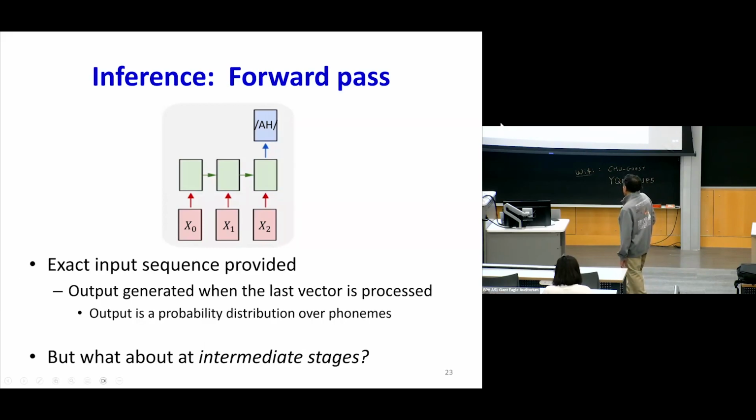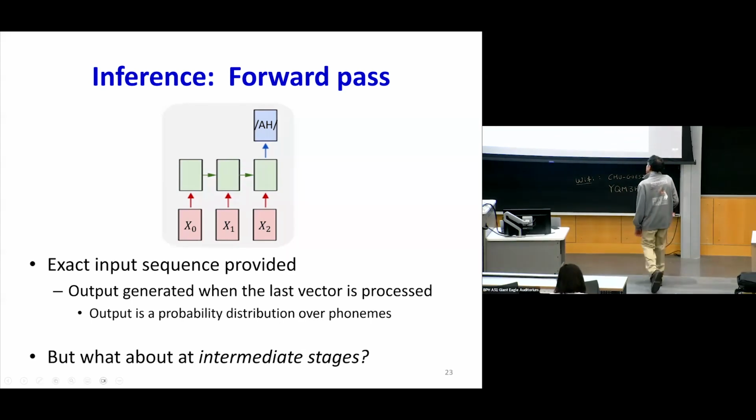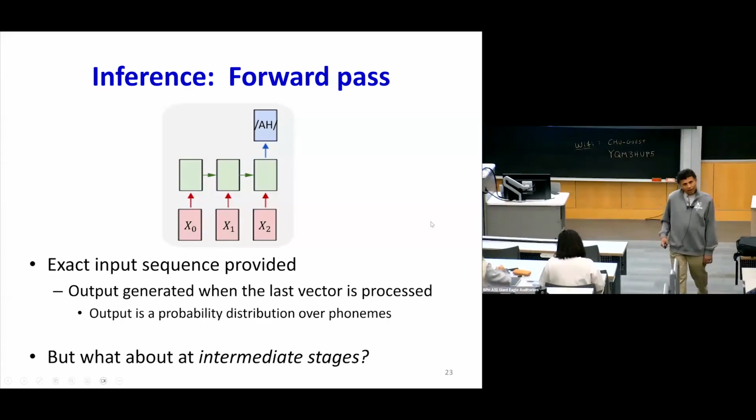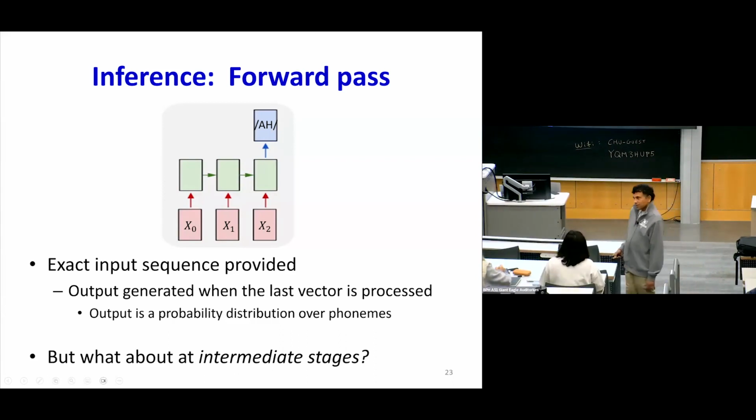So here, the thing is that the exact input sequence is provided and the output is generated when the last vector is processed. Now, the output is not, as always, just a definitive answer. The output is going to be a probability distribution over the possibilities. This is always the case, right?